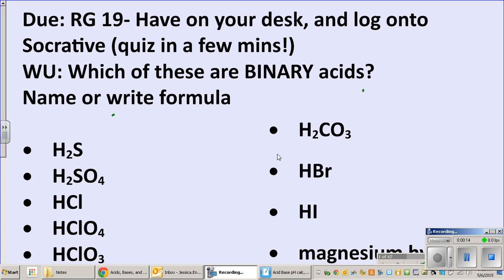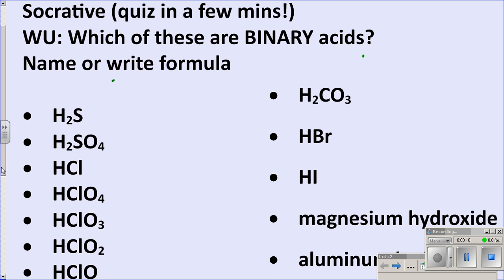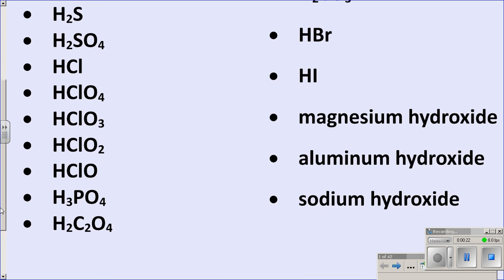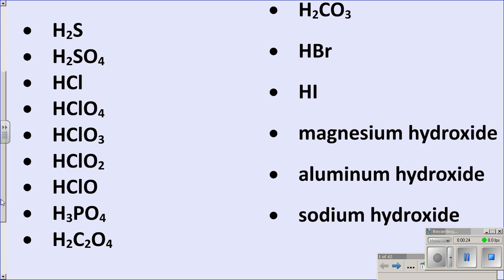So, what does it mean to be a binary acid, Lewis? Two elements, and that's it. Just two elements. So, of all of these acids up here, which ones are the binary acids? H2S, what else? HI. Just these four. Okay.